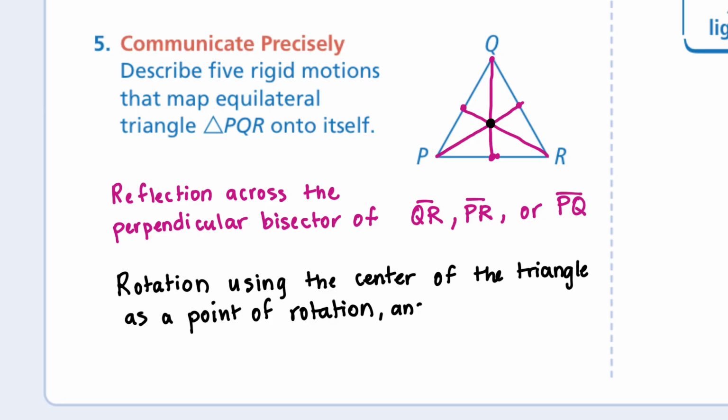And rotate clockwise 120 degrees and 240 degrees.